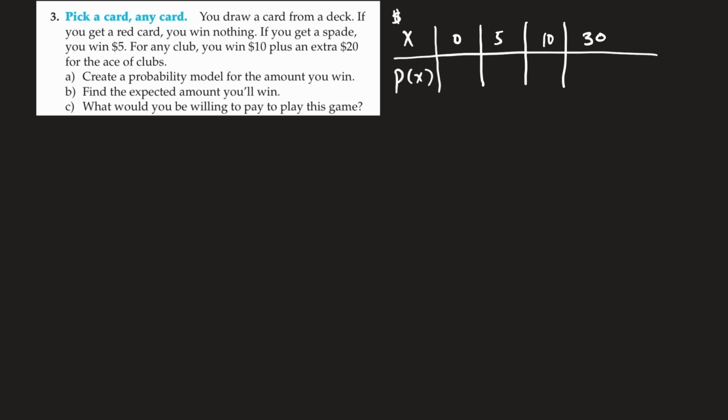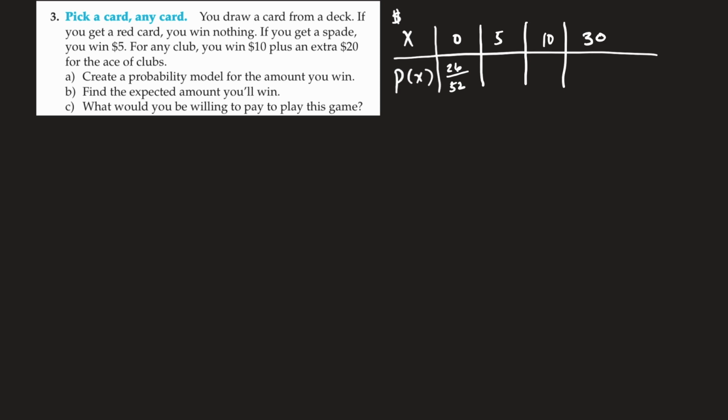Next, I have to write out the probabilities, right? In this case, we are going to be selecting a red card if I get $0. Red card means I went in and I got 26 out of 52. I'm going to keep this out of 52 because it's going to make it easier for me to check it at the end.